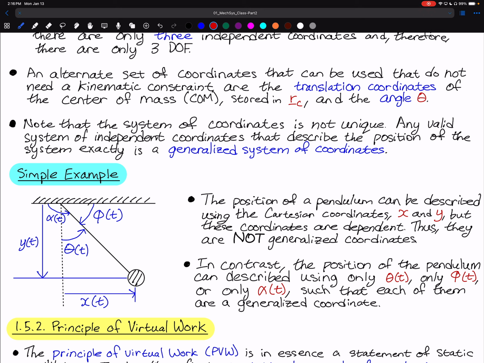Okay, so x and y here are not generalized coordinates because they have a dependence on each other due to the kinematics or the geometry of the problem. In contrast, alpha, theta, and phi are all generalized coordinates because they don't have any dependence on any other coordinates, and they require no kinematic constraints to describe the motion of the system.